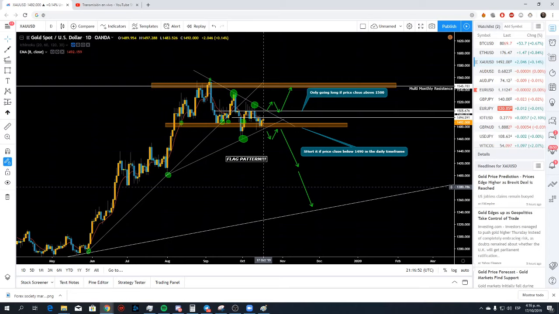I'll try to make one tomorrow, a quicker one, a quick market review before the New York session opens, so we can maybe find a good signal for tomorrow. Okay, a live signal. So yeah, wait for the break of the flag. Don't trade it right now.